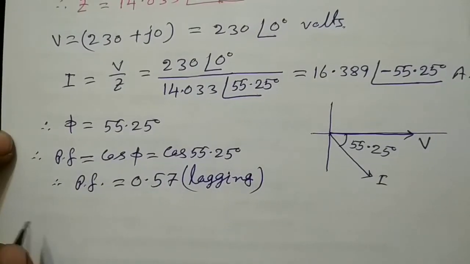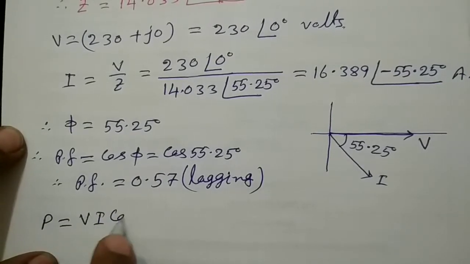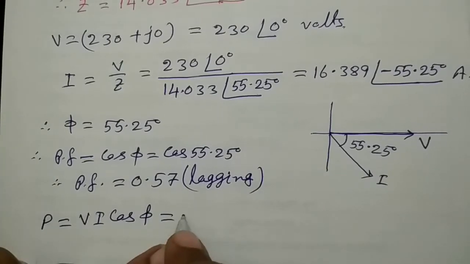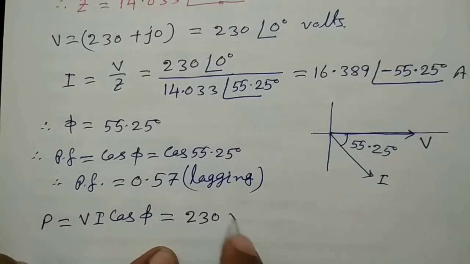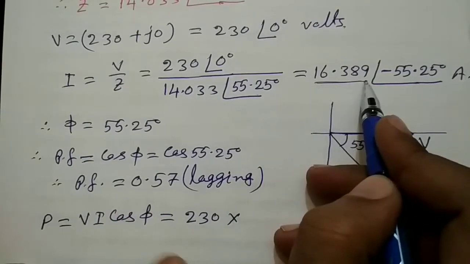And the active power P can be written as VI cos phi. We can use this formula also. The RMS value of the voltage is 230. The RMS value of the current is 16.389.